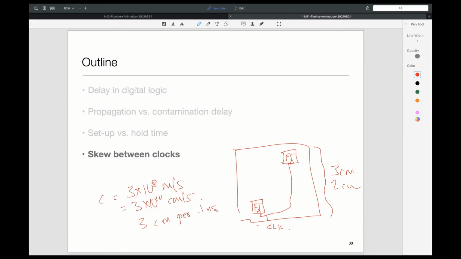Which means that it takes around 0.1 nanosecond for the clock to travel from here to there, right?